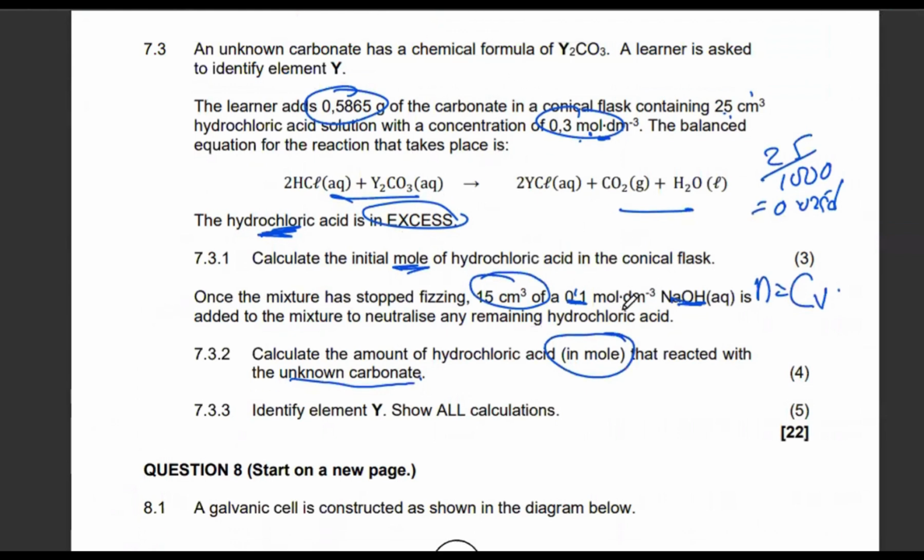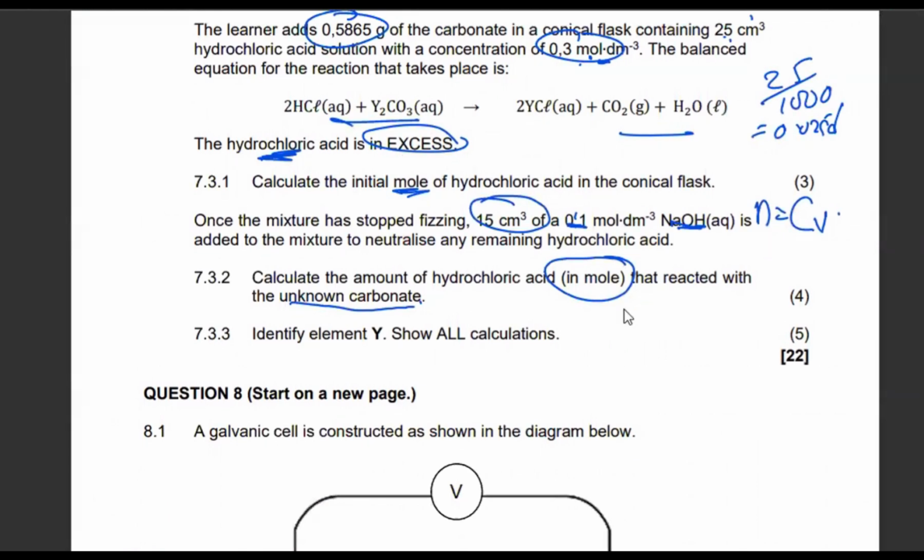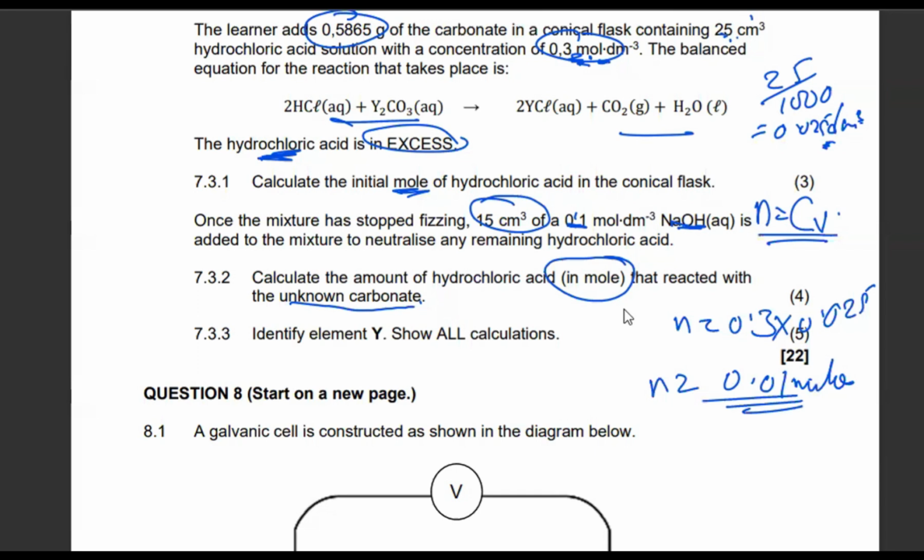The concentration here is 0.3, and the volume is 25 cubic centimeters divided by 1,000, which gives 0.025 decimeter cubed. So the number of moles will be equal to 0.0075 moles.